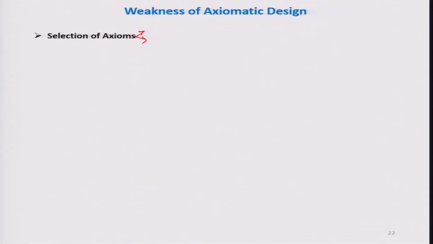Otherwise, if you select the wrong axiom, the design may not be good for that process. The second one is randomness and the chance of repetition, because a variety of randomness is available in each domain. So some parameters may get repeated in your matrix, and it will increase the complexity of the design.